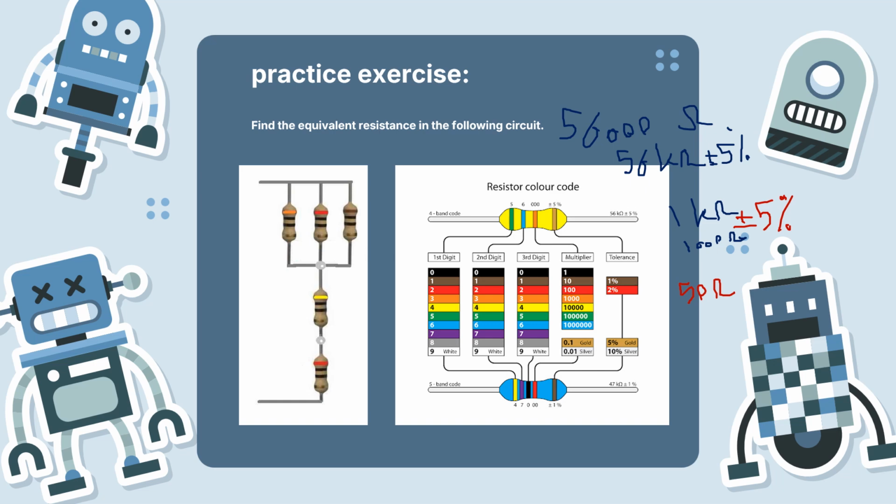So the actual value of our 1 kilo ohm resistor can vary between 950 ohm and 1050 ohm.